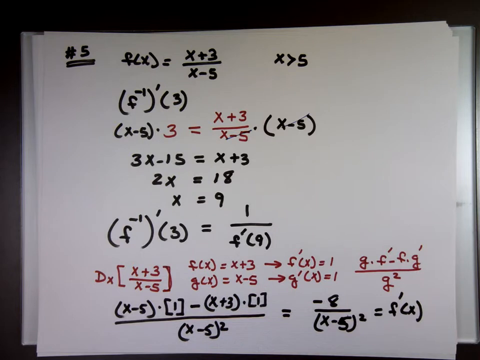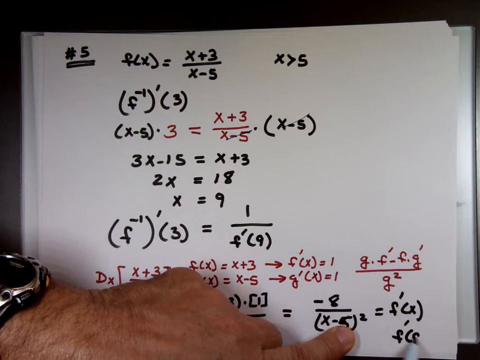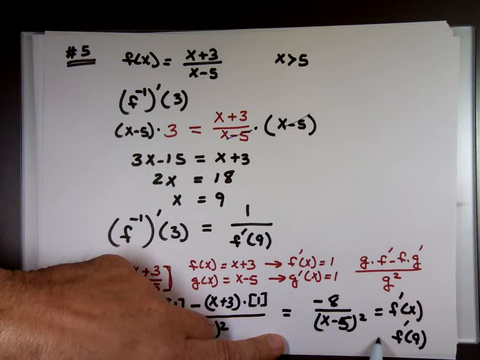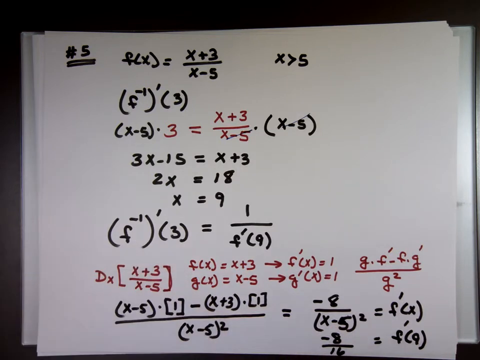Now I need that derivative at 9. What's the derivative at 9? It's going to be negative 8 over, what's 9 minus 5? 4 squared, 16. So what's that number? Negative a half?